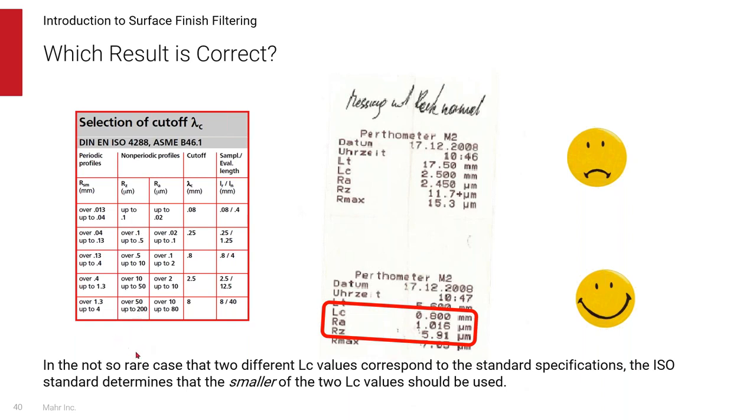So it's not so rare a case that two different cutoff values conform to the proper standard specifications, but the ISO determines that we should use the smaller of the two values when they come out to be quite the same, to ensure we get the proper value. So the smaller one in this case is the proper one to use.